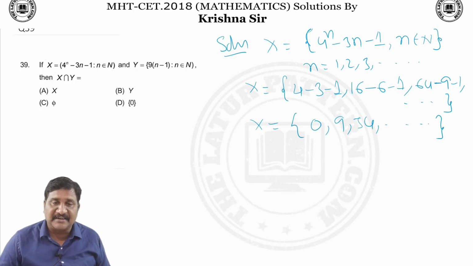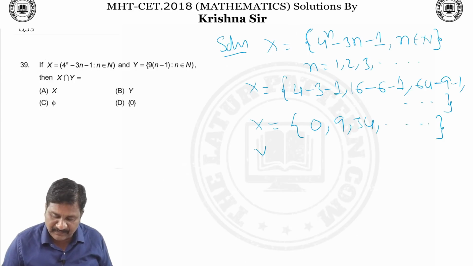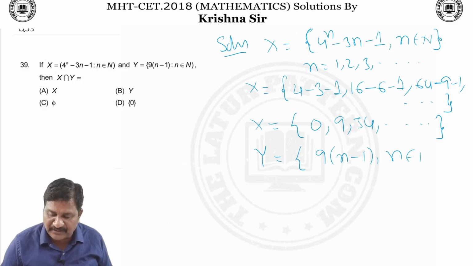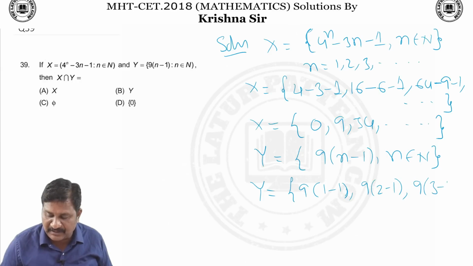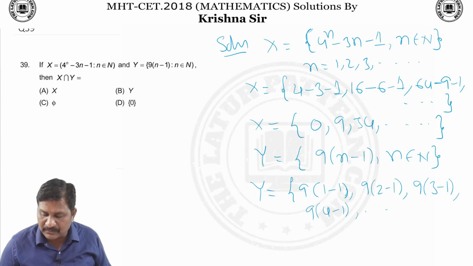Similarly the given set Y. Set Y is given as 9 into n minus 1 for n belongs to natural numbers. Here also you substitute n equal to 1. Then what are you getting? 9 into 1 minus 1. Similarly n equal to 2, 9 into 2 minus 1. 9 into 3 minus 1. You continue this, 4 minus 1, and so on.